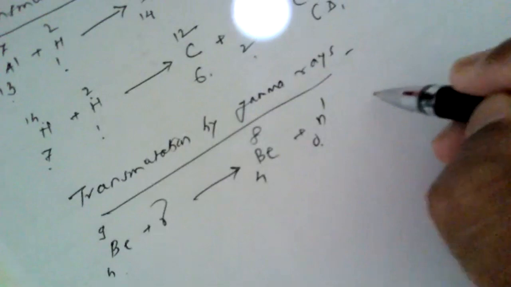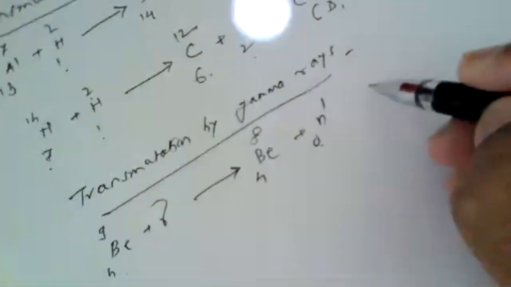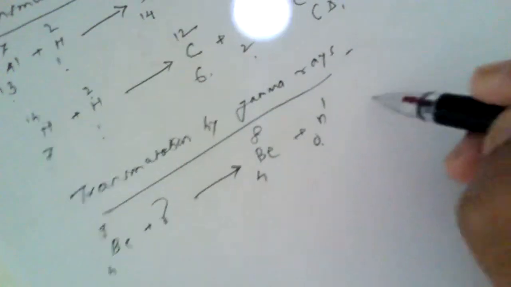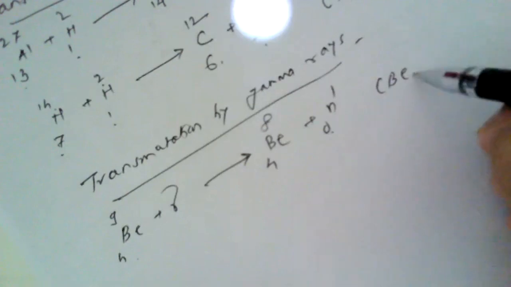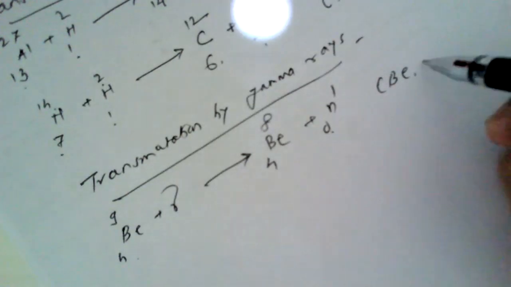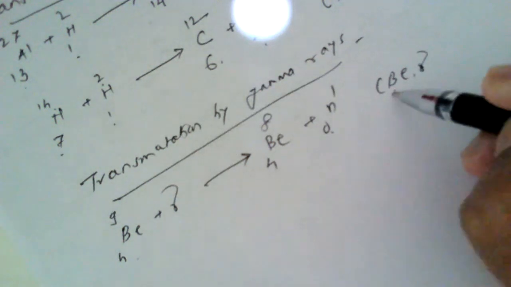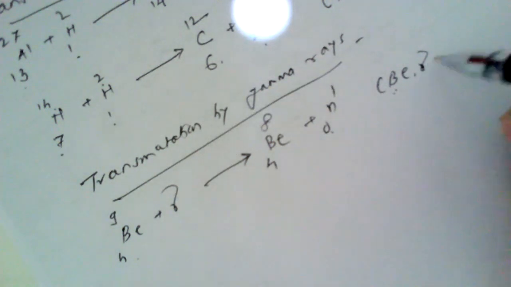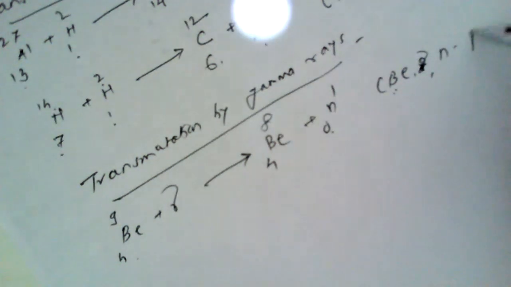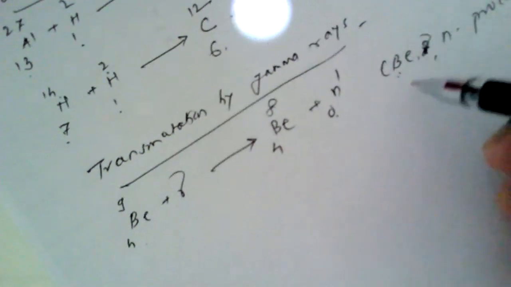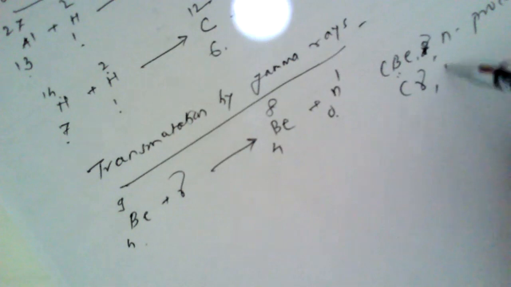So how can we write it in terms of Bethe notations? Here beryllium is the target nucleus, and gamma is the projectile. It is not necessary to write gamma particles here: Be(γ, n), or the same reaction can be written as (γ, n).